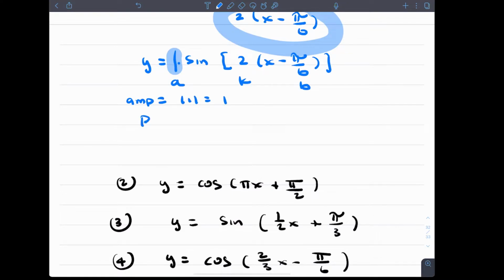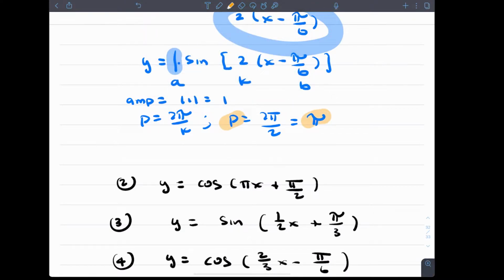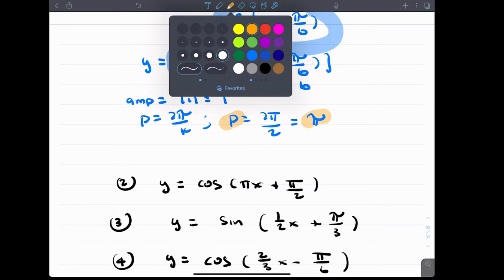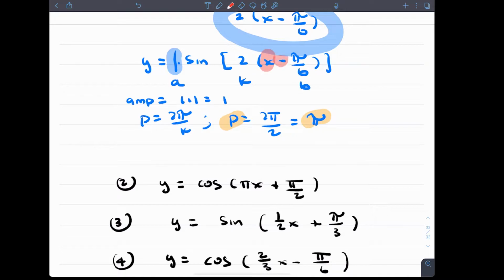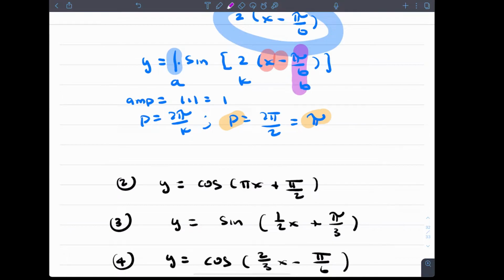My period is 2 pi over K, which is 2 pi over what? 2. So my period is really what? Pi. And then remember the key? X minus whatever comes after is the B value. So what's your phase shift? It's pi over 6. That's right.